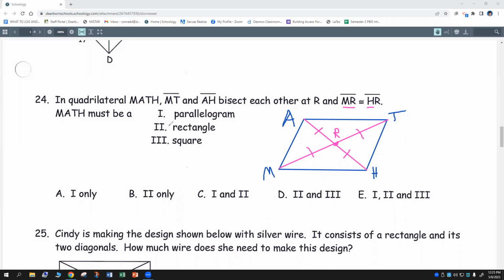And since the diagonals bisect each other, we know it's a parallelogram. And then since it's a parallelogram where the diagonals are congruent, we know it's going to be a rectangle.